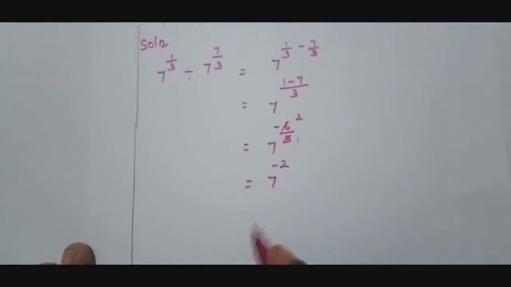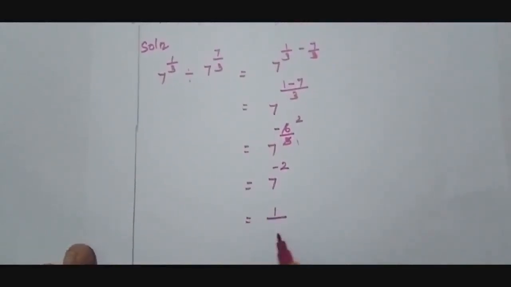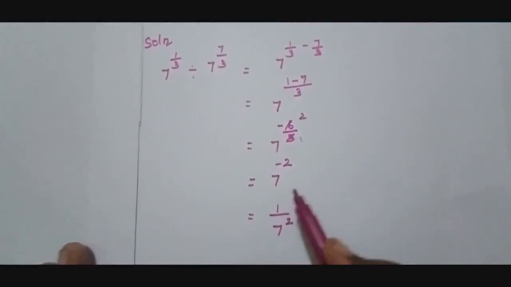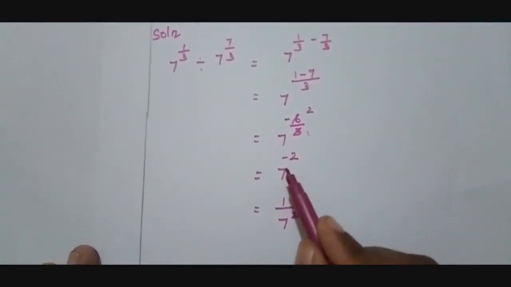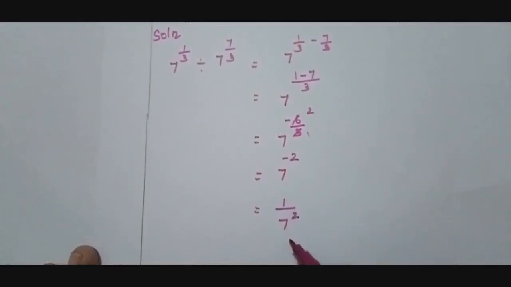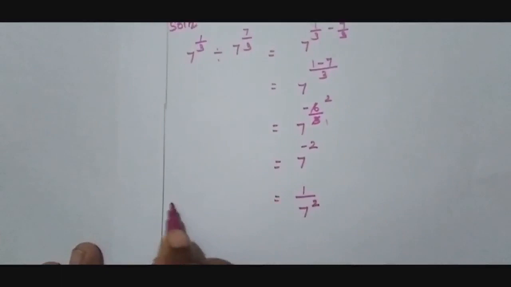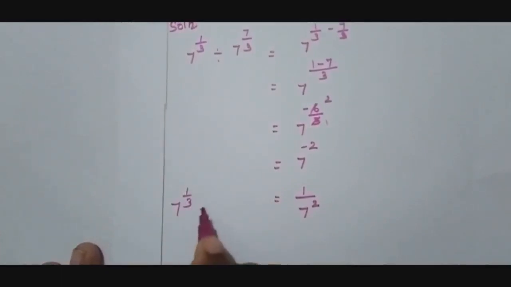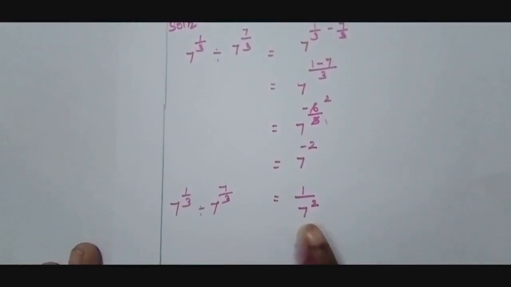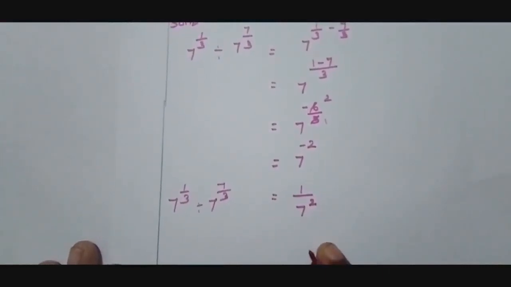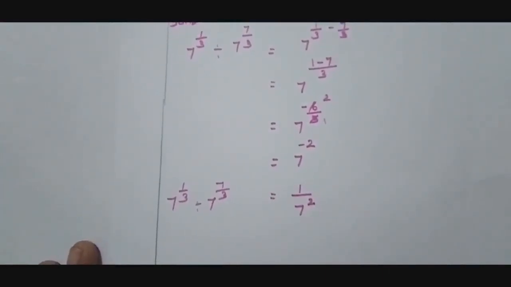Or you can write this one as 1 divided by 7 square. When it is negative in numerator, when it comes to the denominator, it becomes positive. So 7 power 1 by 3 divided by 7 power 7 by 3 is equal to 1 by 7 square. Is it clear, children? Yes.